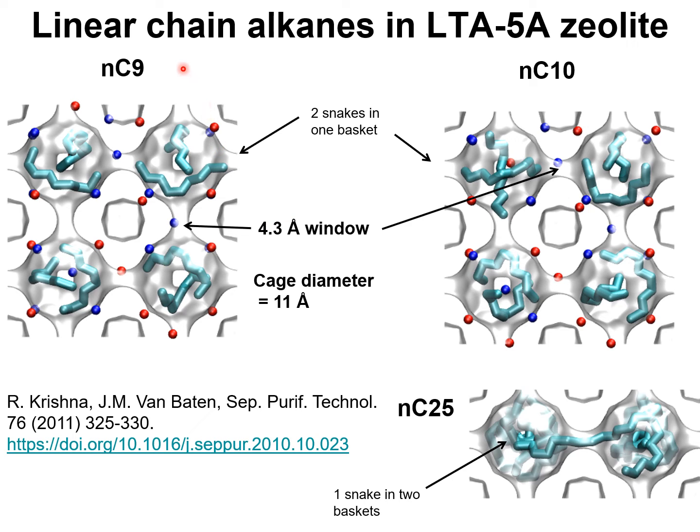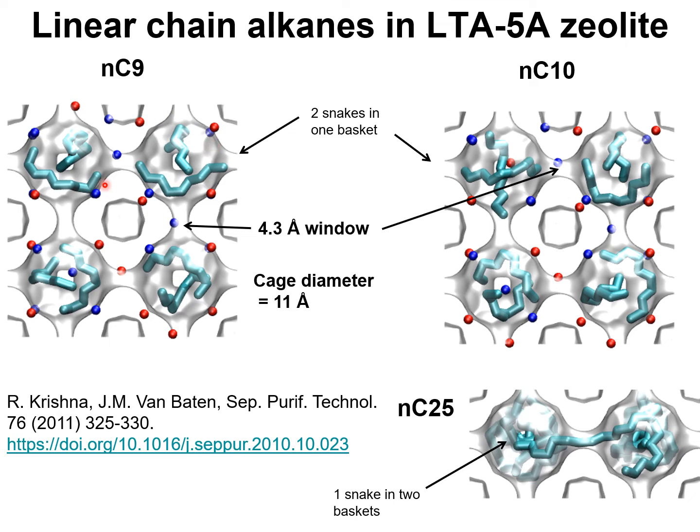The computational snapshots of the linear alkanes NC9, NC10, and NC25 in LTA5A zeolite are shown in these pictures. LTA5A zeolite consists of cages of 11 angstrom diameter separated from adjacent cages by 4.3 angstrom windows.